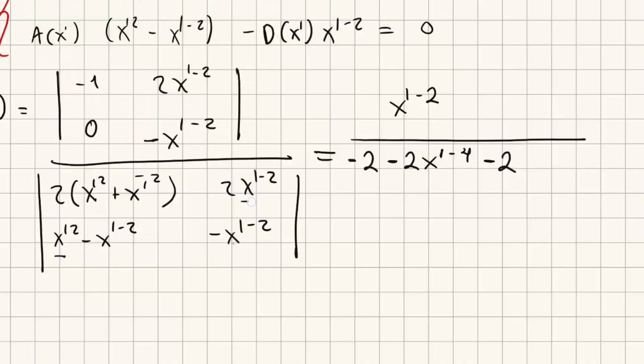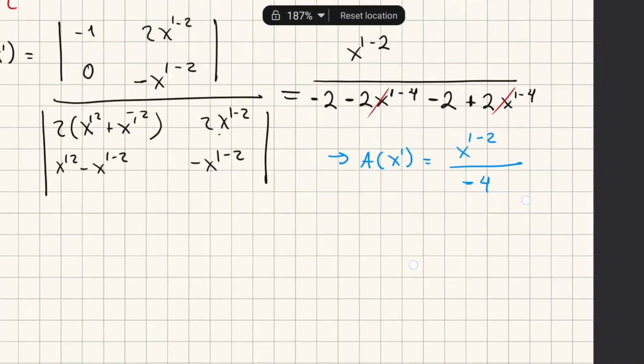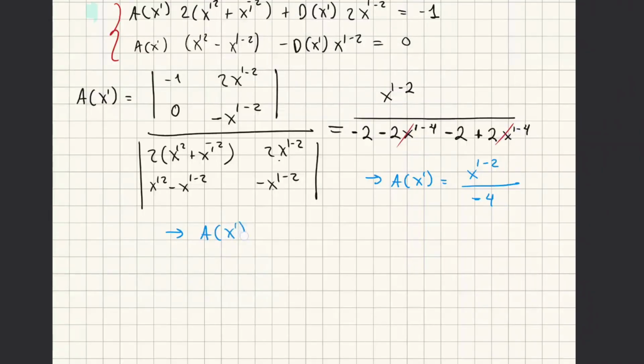Again, this times this is equal to 1, and this times this will be plus 2 times x prime to the negative 4, which is going to cancel with this element. Perfect. So from here we get that a of x prime is equal to x prime to the negative 2 divided by minus 4. So this tells us that a of x prime is equal to minus 1 divided by 4 x prime squared. Okay, perfect. So that's our first important result.